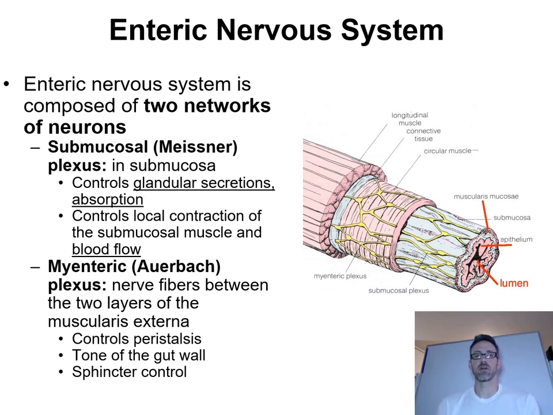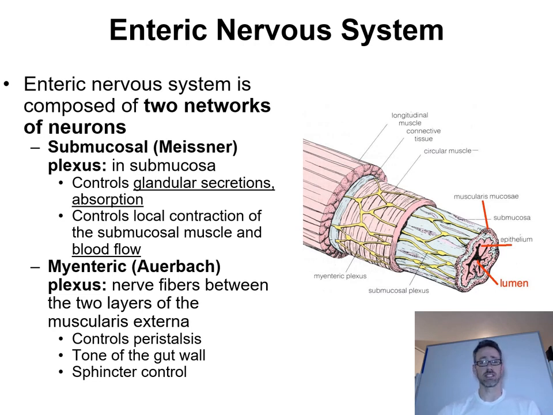Now, the enteric nervous system. It's actually a subdivision of the autonomic nervous system. And so the autonomic nervous system is composed of the sympathetics and parasympathetics, and the enteric nervous system is a subdivision of that. But the GI tract is actually influenced by both the parasympathetics and the sympathetics, which have essentially opposing effects.